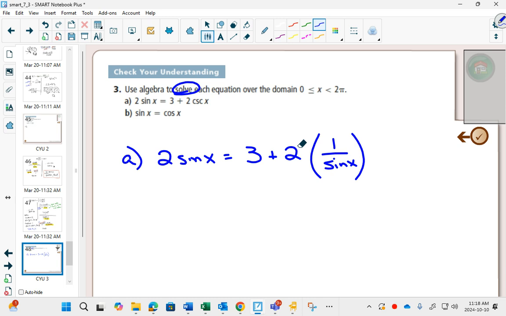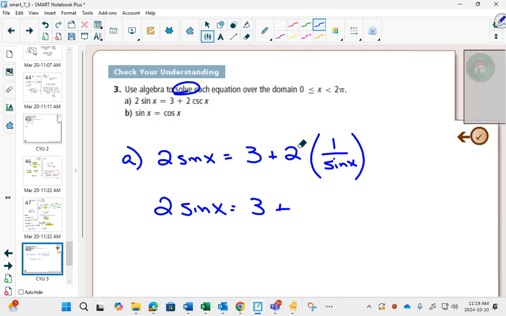But I also have sine in my denominator. Okay? First of all, I'm going to put this together. If I put that together, imagine what fraction I'm going to write next in your head.